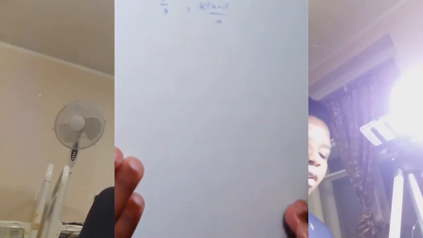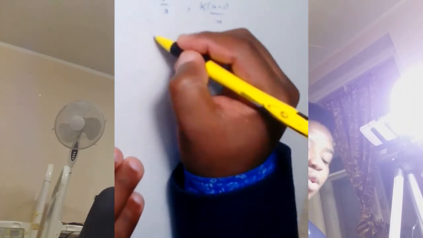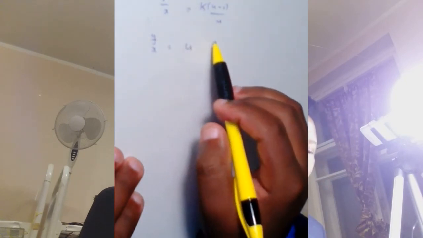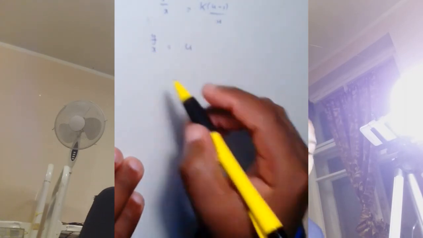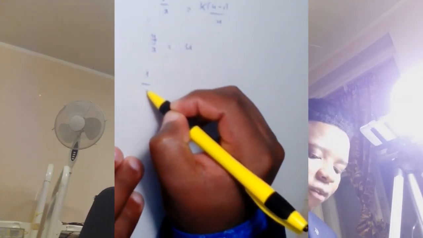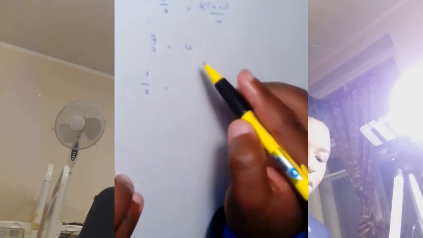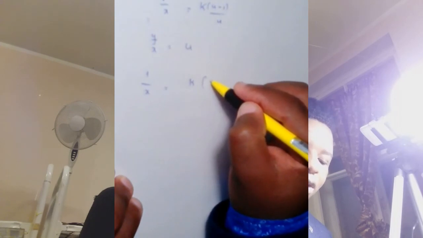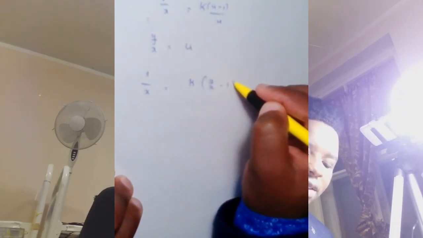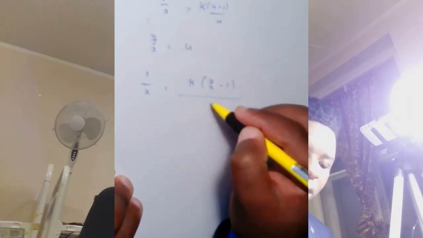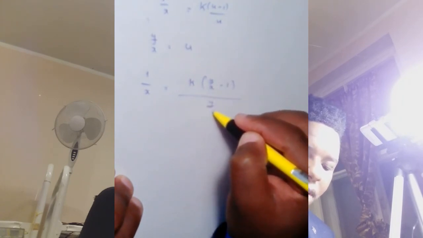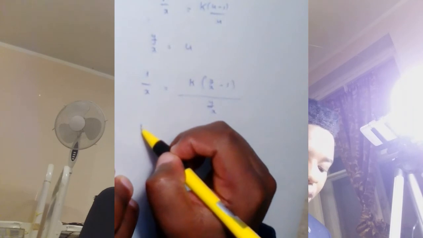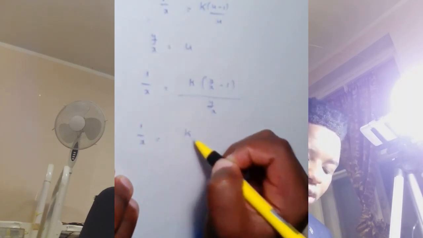And from our earlier substitution, y over x is equal to u. Now in place of u we put y over x, and I'll have 1 over x is equal to k multiplied by (y over x minus 1) all over y over x. Now simplifying this expression on the right side, I'll have 1 over x equal to k.